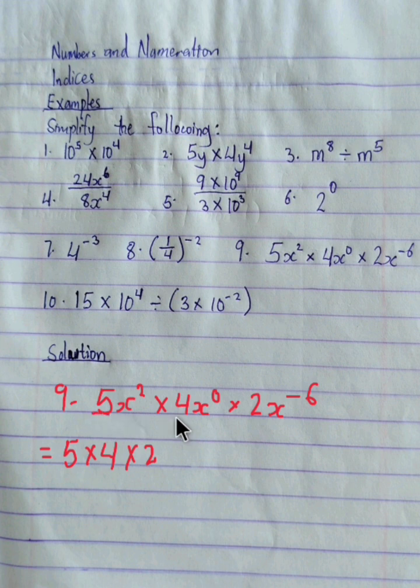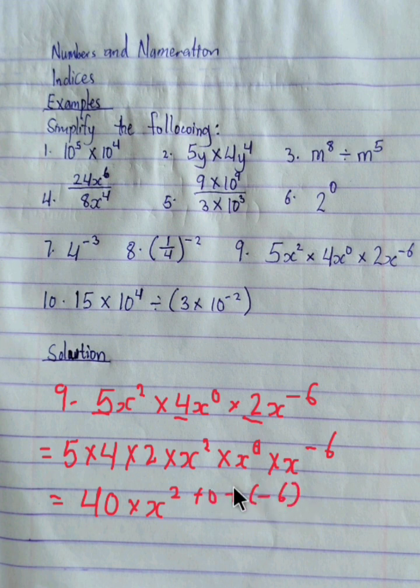So we firstly write out the constants, the numbers, then multiply by x raised to the power 2, multiply by x raised to the power 0, multiply by x raised to the power minus 6. 5 times 4, 20 times 2, that is going to be 40. Now we are going to multiply these three indices. They have the same base, which is x. So we are going to add their powers: 2 plus 0 plus minus 6.